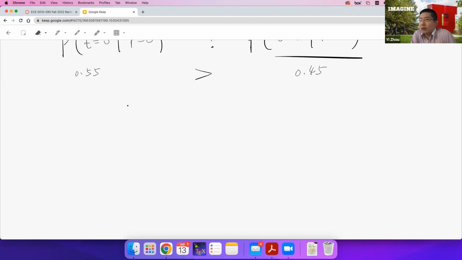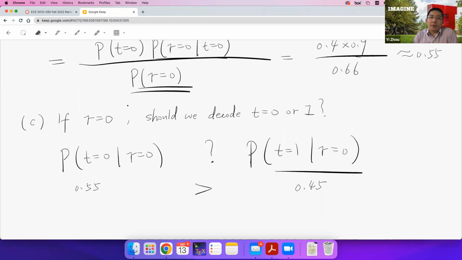It could be much more complicated, but eventually they will have to make a decision, right? How do we make decisions in communication? It's always computing probabilities.